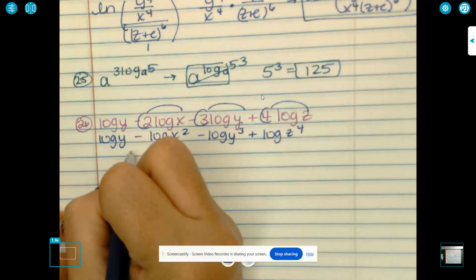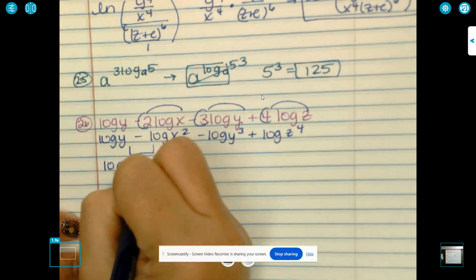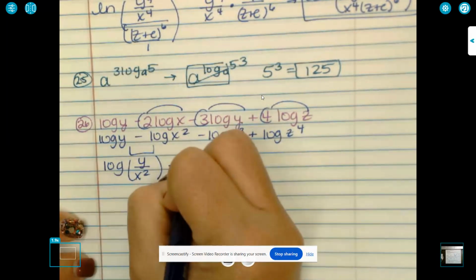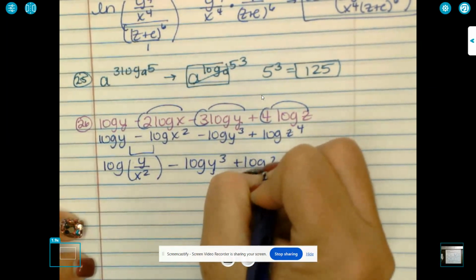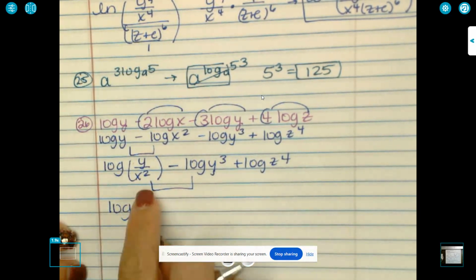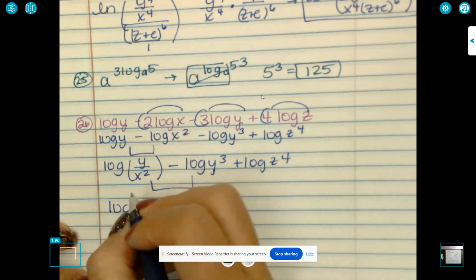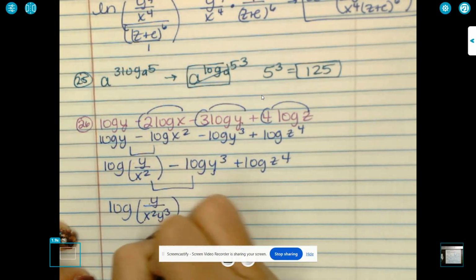All right, so if I divide here, I'm not going to do the keep, change, flip. I'm not going to write it out, but this would stay and this would flip. So that would give me y over x squared y cubed.